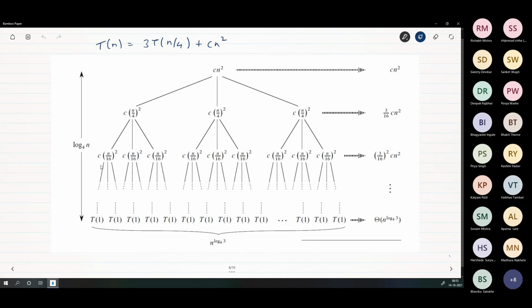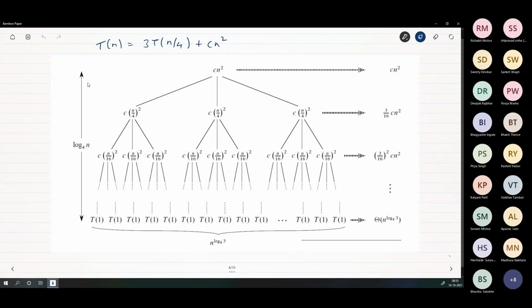The problem size is reduced by a factor of 1 by 4 every time. We go to n, n by 4, n by 16, and so on. So log to the base 4 of n.